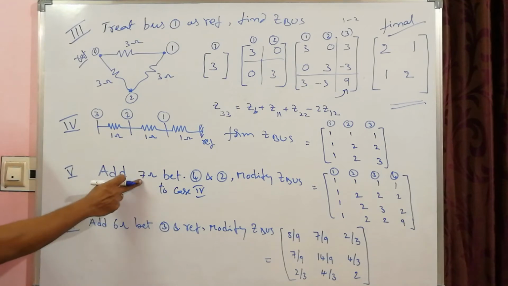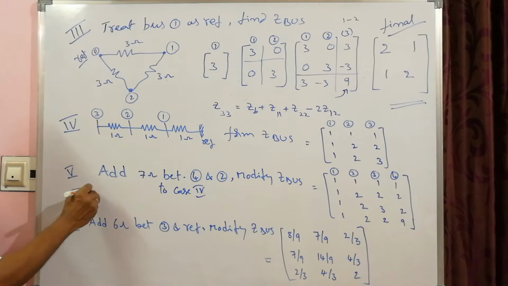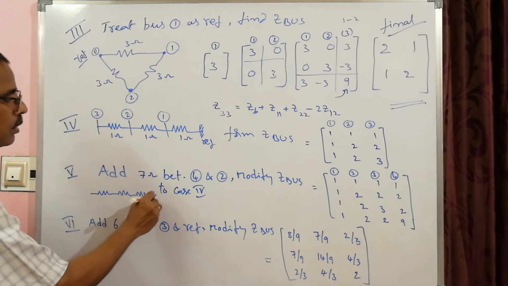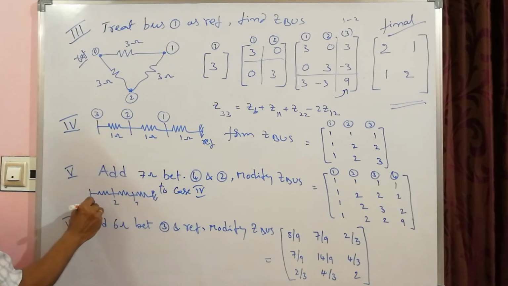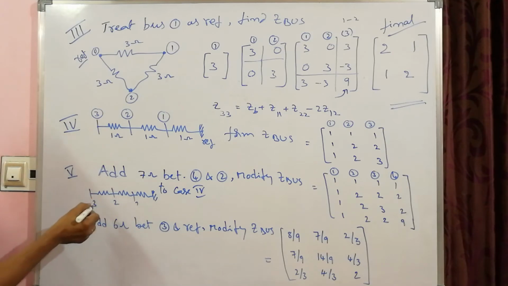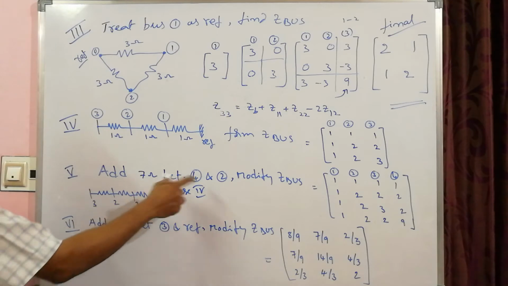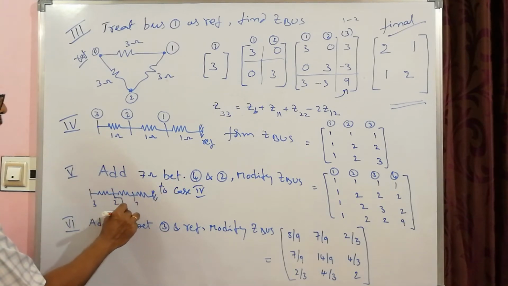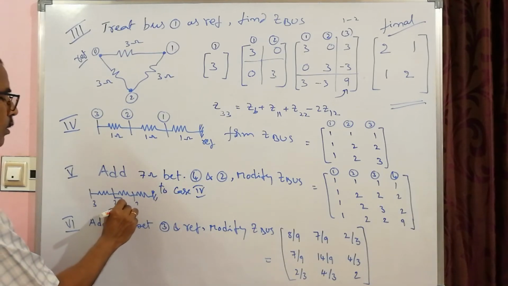You are asked to add 7 ohms between 4 and 2 and modify Z bus. That means you are asked to do like this. This is the existing 1, 2, 3. You are asked to add fourth bus, and between 4 and 2, 7 ohms. This is 7 ohms.